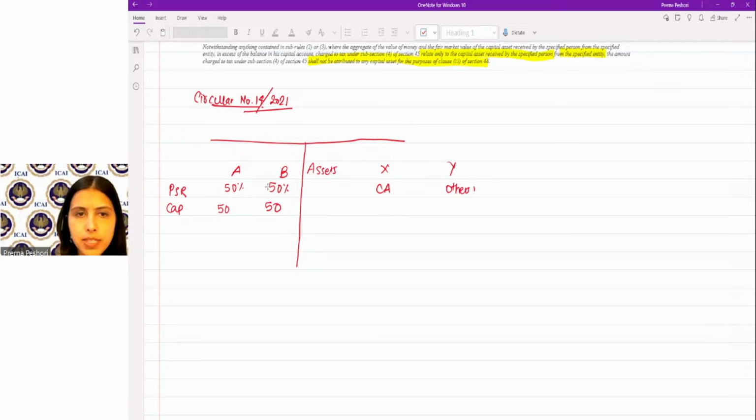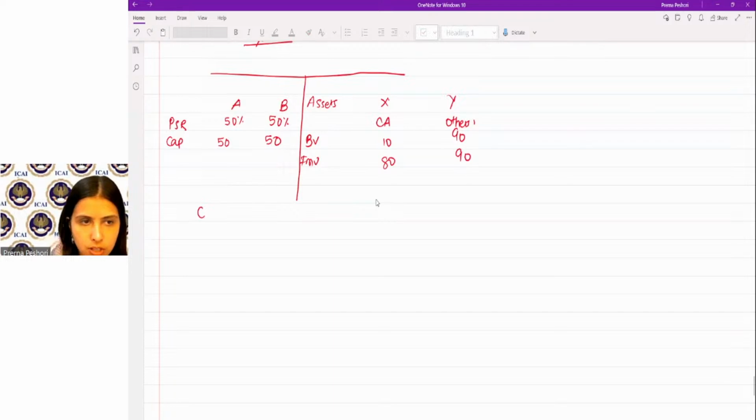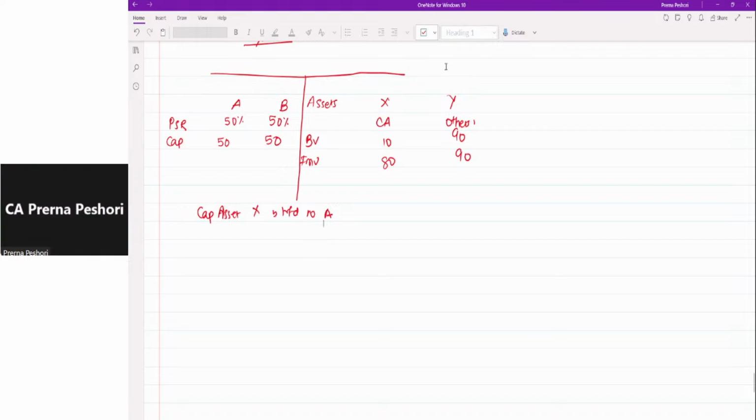The book value is 10 and 90. The fair market value is 80 and 90. Now A is retiring and capital asset X is transferred to A. Clear?